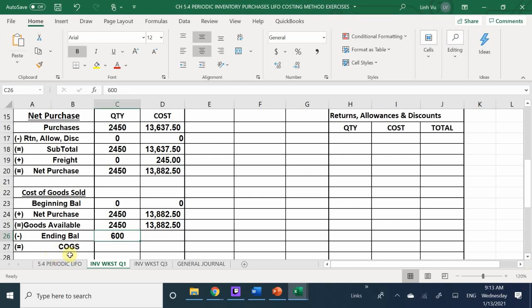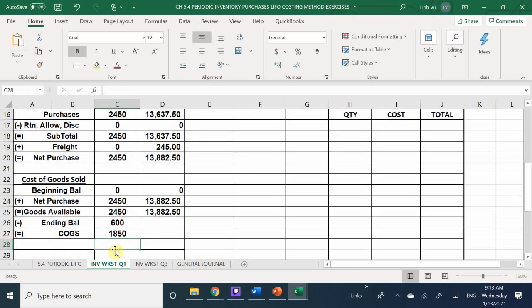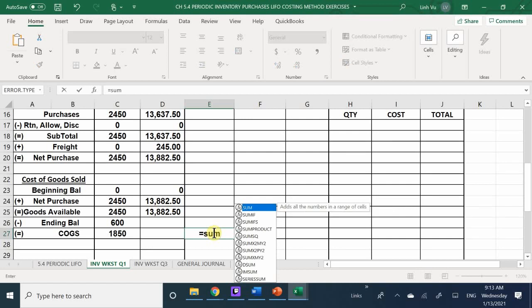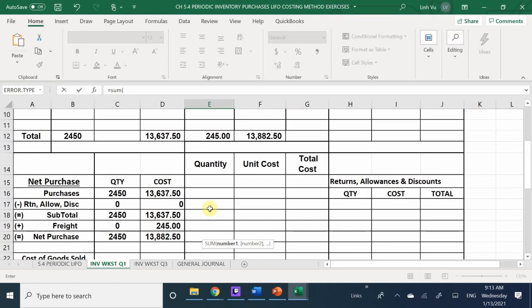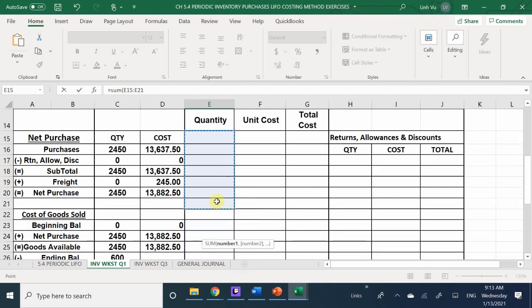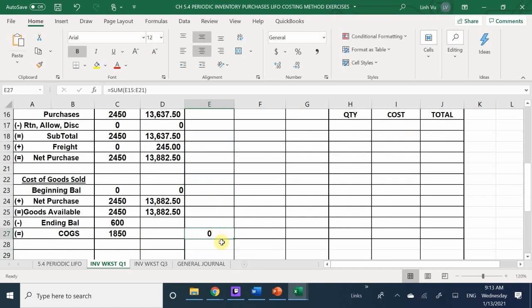So let's go ahead and solve for the cost of goods sold. How many items did I sell? 1,850. Okay? So then this 1,850 is what we're actually going to be solving for. So let me go ahead and highlight all of this, and I'm going to carry them across.